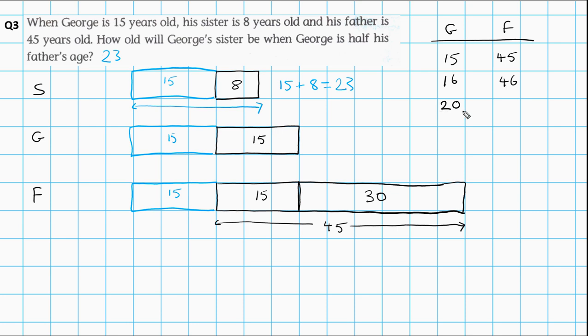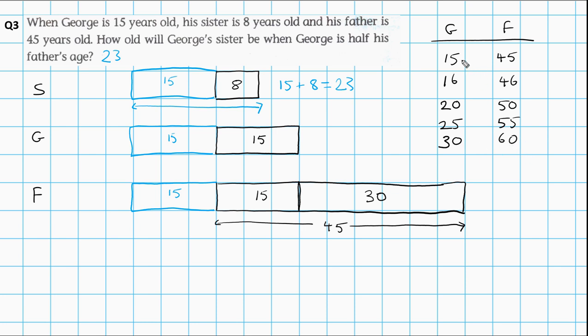So when George is 20, I've added 5. Dad's going to be 50. Let's go 25. So I'm adding another 5 here and another 5 here. That's going to be 55. We're getting closer, aren't we? I'm going to add another 5. So that's 30 and that's 60. And look, now I can see that this number is half of this number.